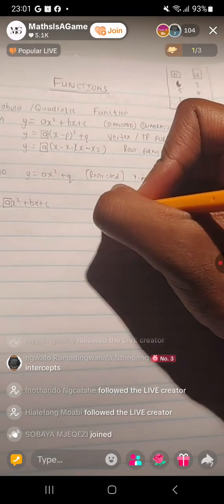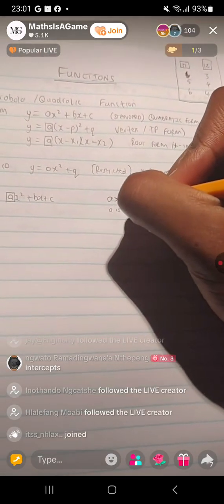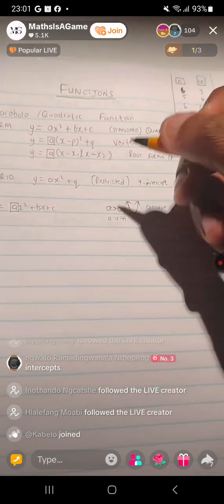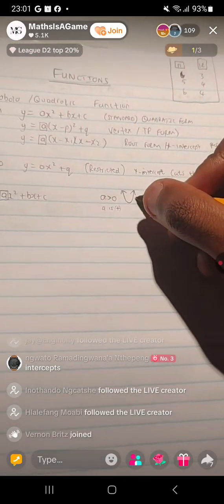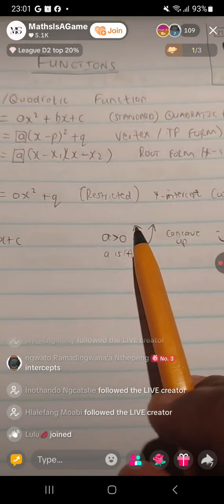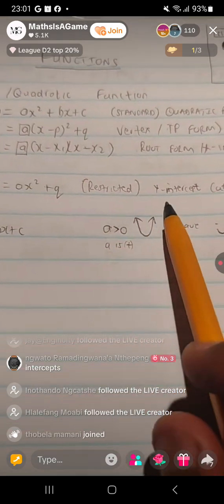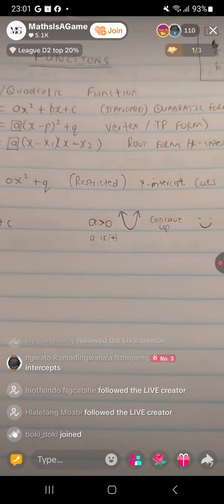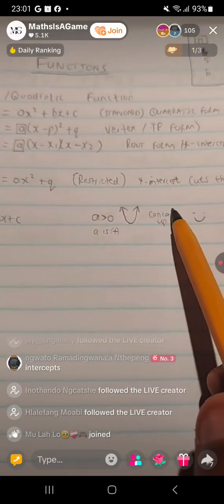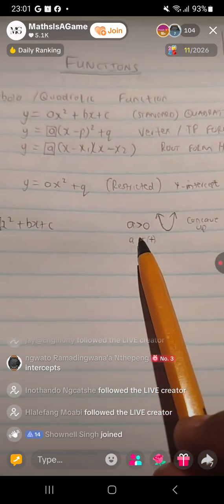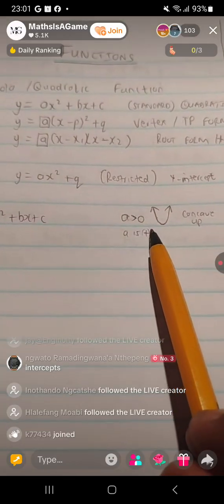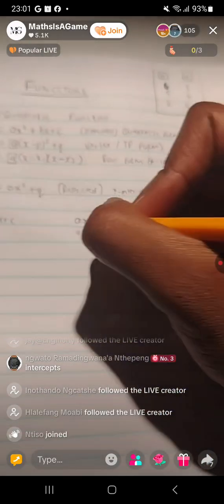When a, in other words, is positive, we say that there is a smiling shape. The parabola function exhibits a smiling shape. We say that it's concave up when a is greater than 0. In other words, a is positive.